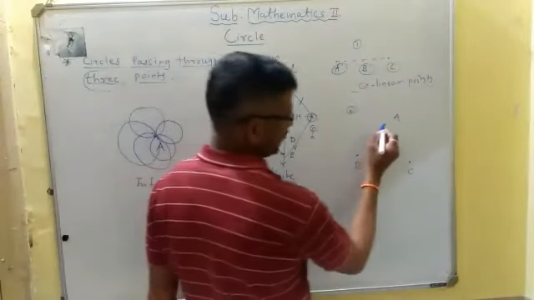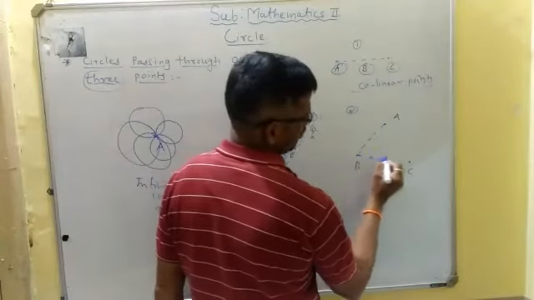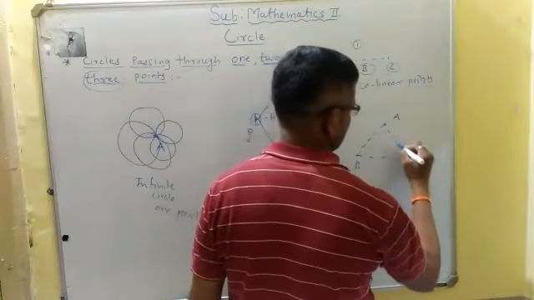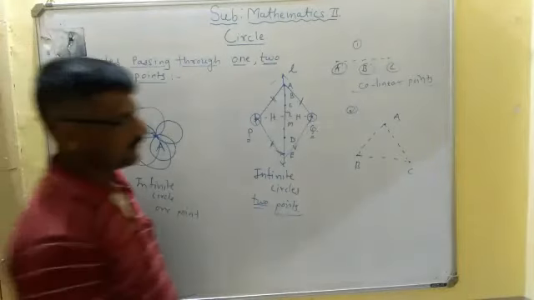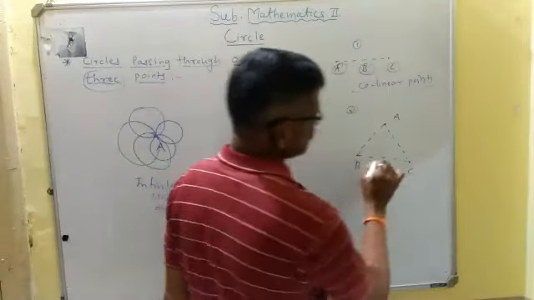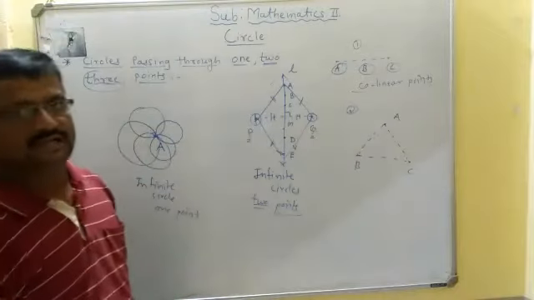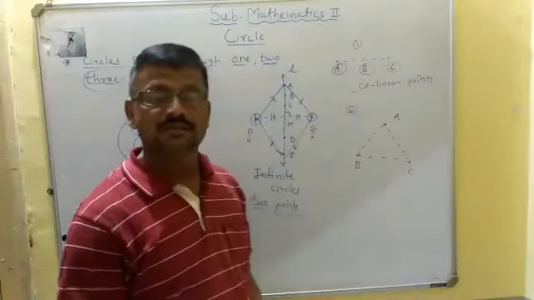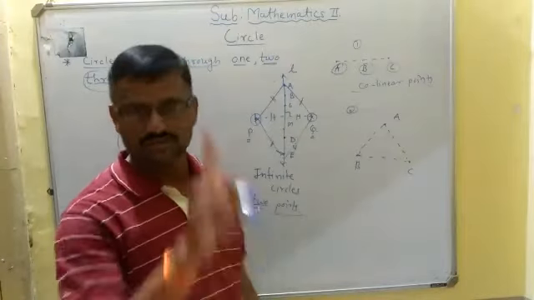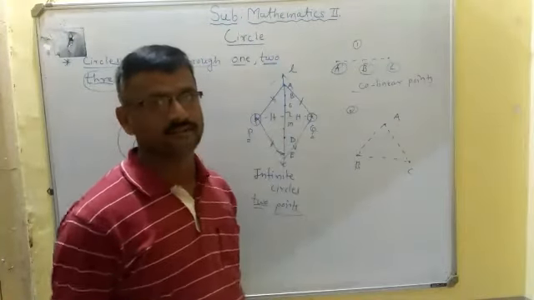When you join the points to each other, we get a triangle. And we try to construct a circle passing through the vertices of the triangle. That means the circumcircle of the triangle, which is only one. We learnt this in the ninth standard.